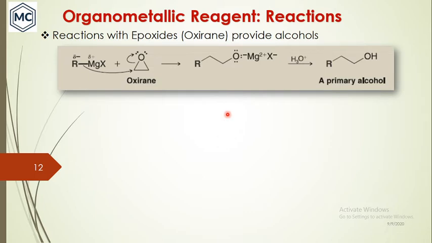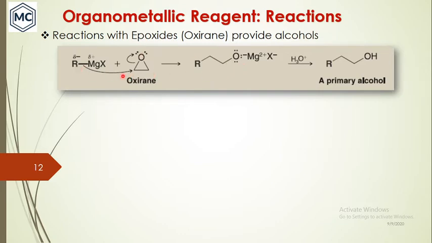Next reaction is the reaction with epoxides. It is also called oxirane or ethylene oxide. This carbon is an electrophilic carbon because it is attached to an electronegative atom. So R can attack this electrophilic center, and this is highly strained, so this bond can break and form a complex like this.